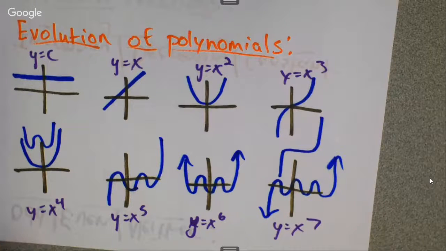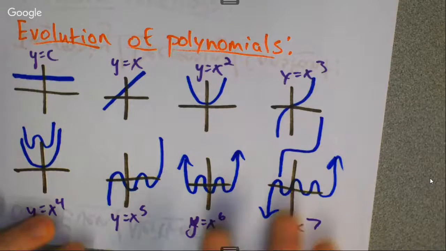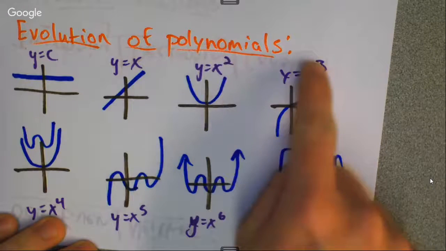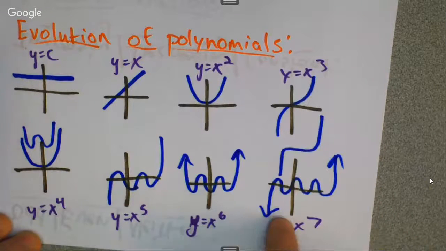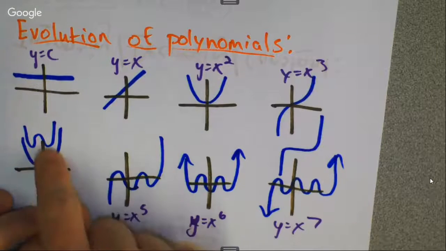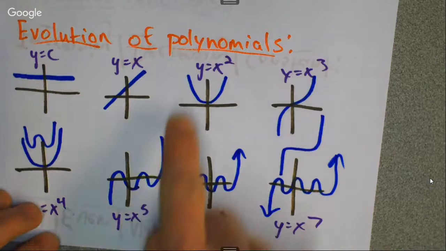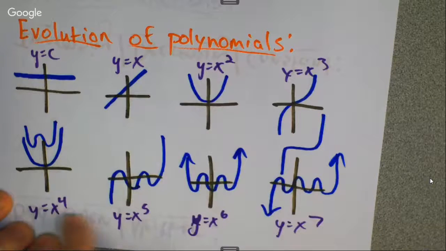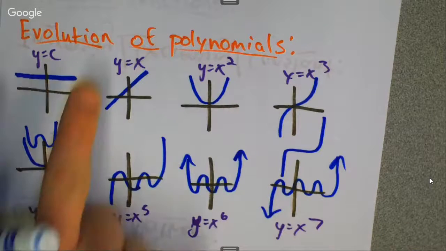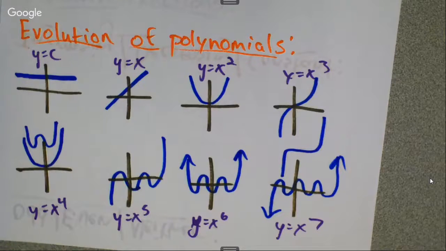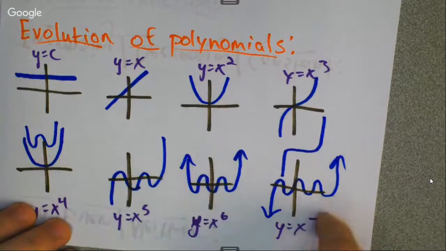mountains and valleys. Okay, so basically what I want you to notice here is as we go up in degree, we go up in the amount of terms that we could possibly have. And notice that x squared, 4, 6, all the even ones, the endpoints are pointing in the same direction. All the odd ones are pointing in opposite directions.